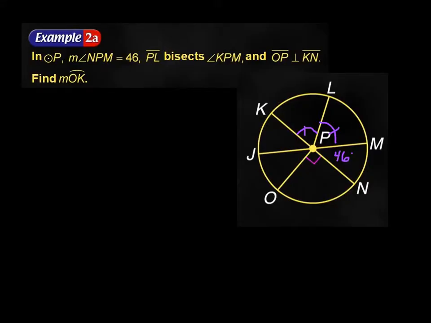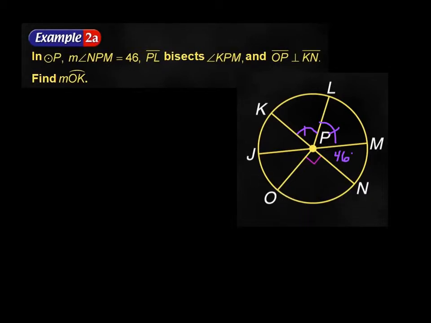In circle P, the measure of angle NPM is 46 degrees. Segment PL bisects angle KPM, and segment OP is perpendicular to segment KN. Alright, so far I can see KN is a diameter, so that makes KON a semicircle.